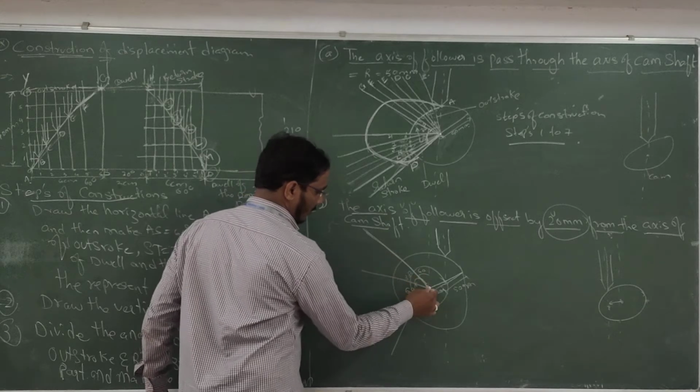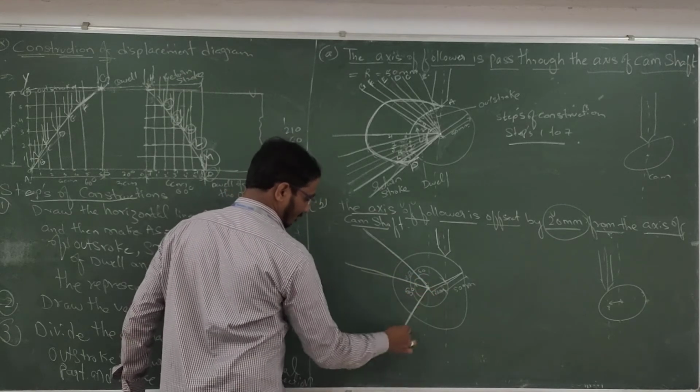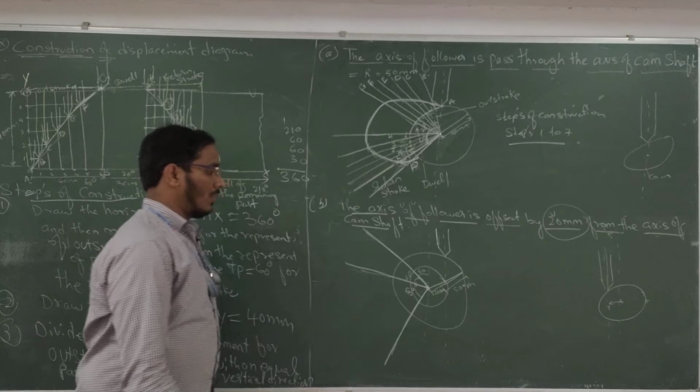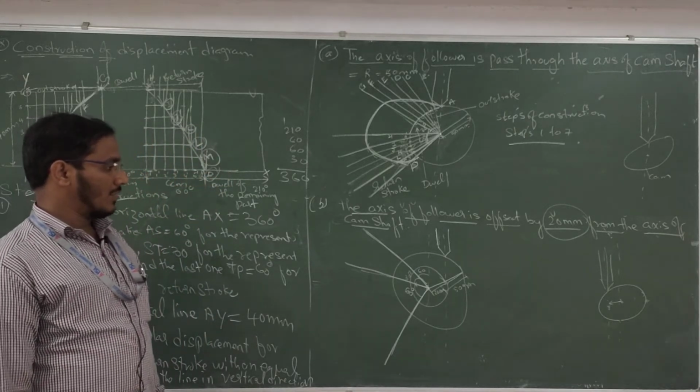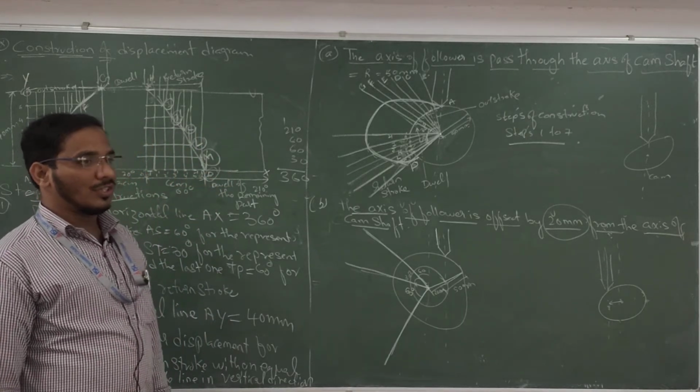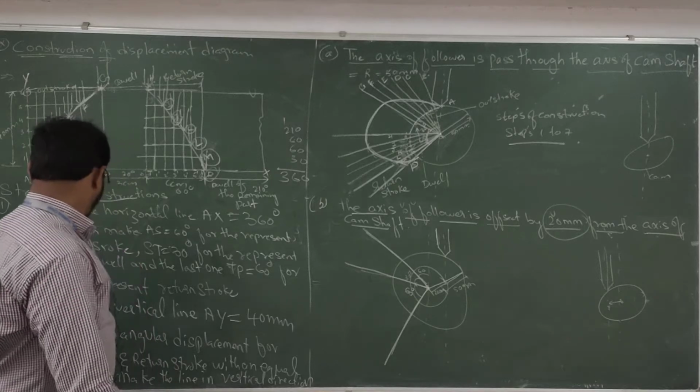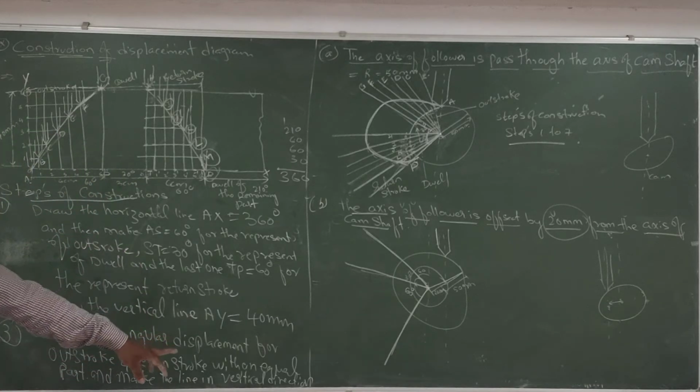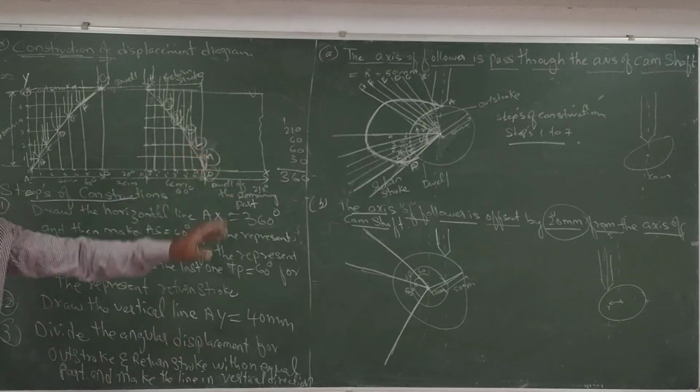Like this you have to draw the angles. Next, after that, the angular displacement, again I am telling you here: divide the angular displacement for the outstroke and return stroke into equal parts and make the lines vertically. This step will be there again here.